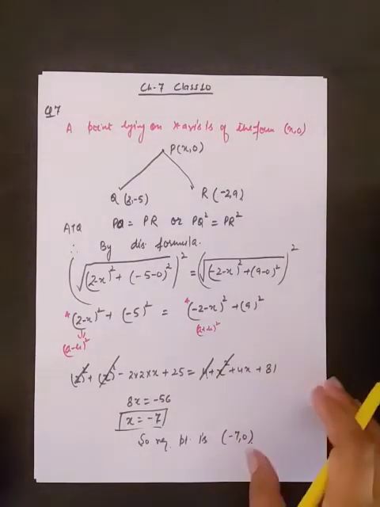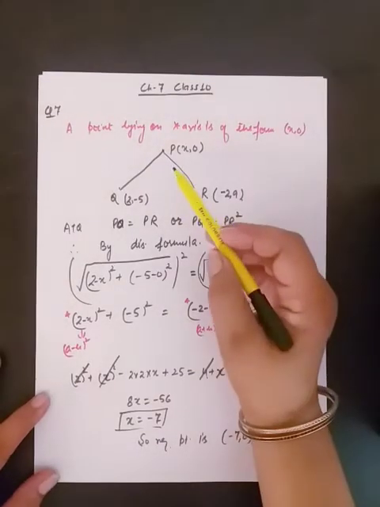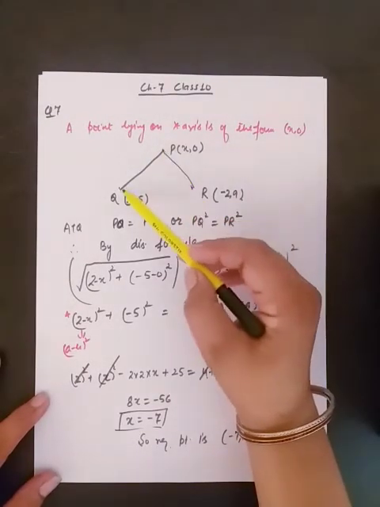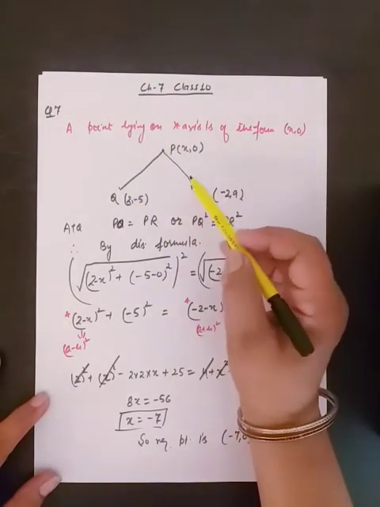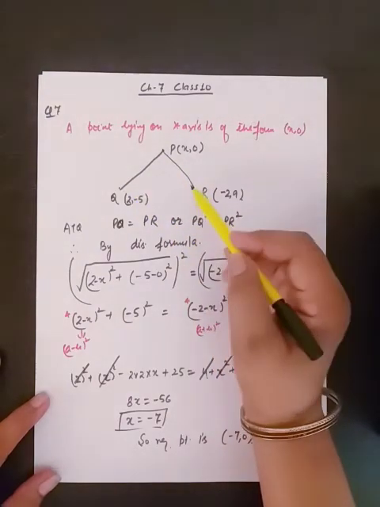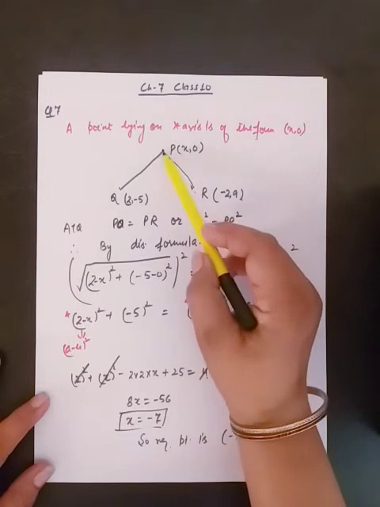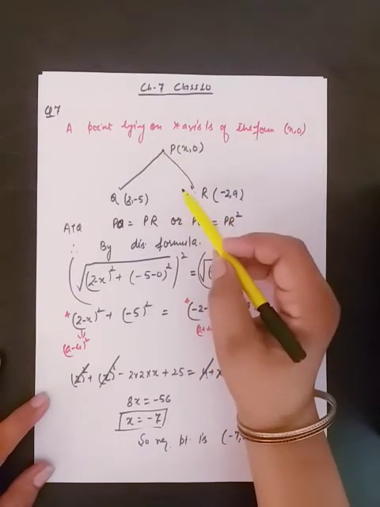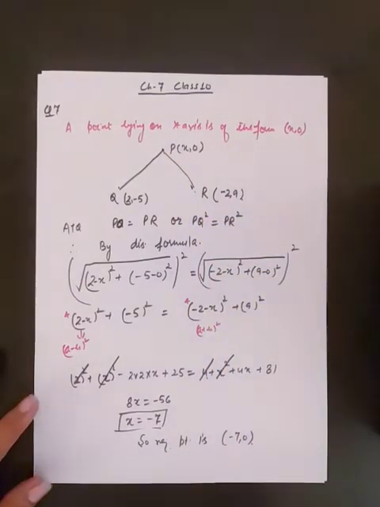And always remember students, whenever it is given that a point is at equal distance from two other points, it doesn't mean that all the three points are lying on the same line. The situation may be like this also. So we have to use the distance formula.